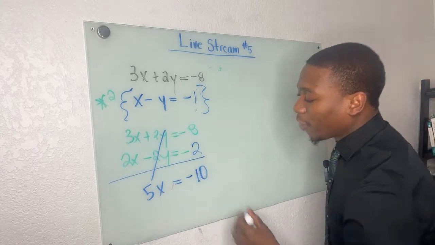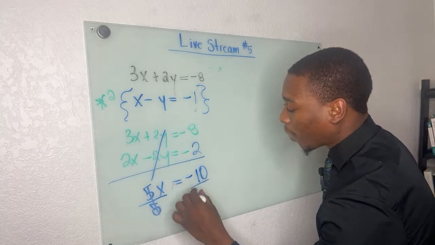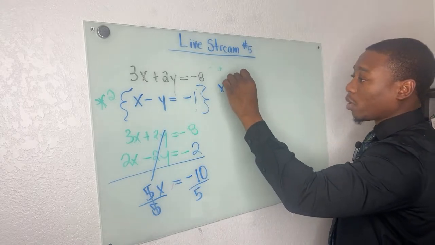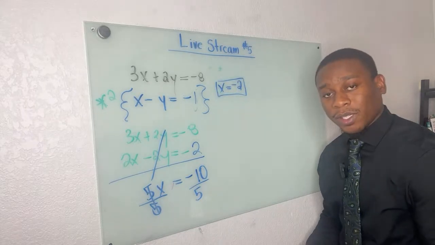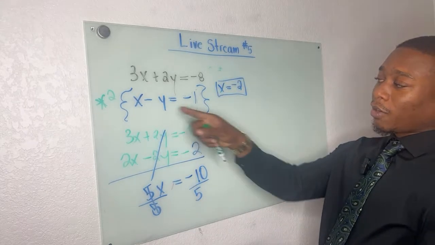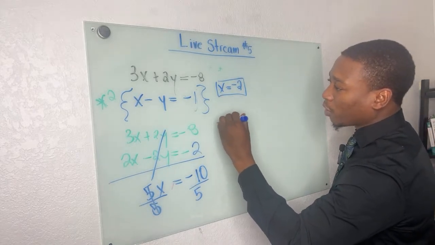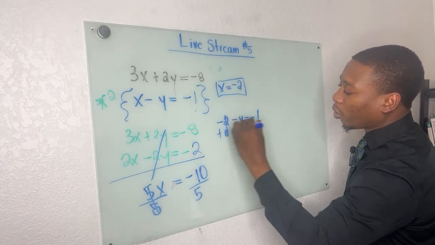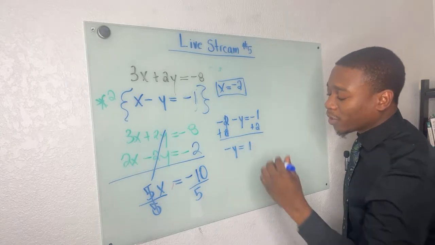So now we have 5x is equal to -10. Once I solve for my x, I'm going to get x is equal to -2. So now we're going to take our x and figure out what y is. So now I substitute -2 for x. And when I solve, we're going to get -y is equal to +1.